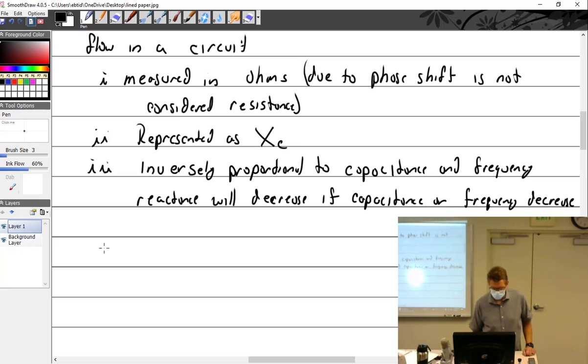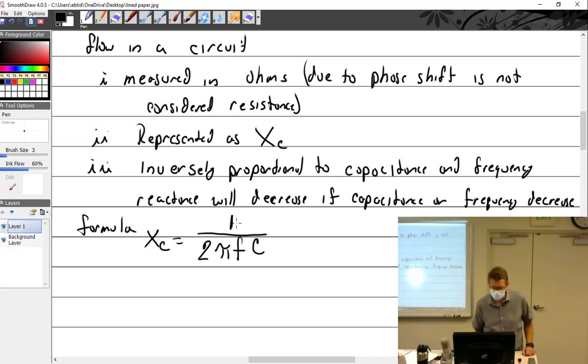So what was that formula for the inductors? 2 pi times the frequency times L, but this time we're going to go with C. So 2 pi FC. Does that look familiar? Okay, but it is the inverse.